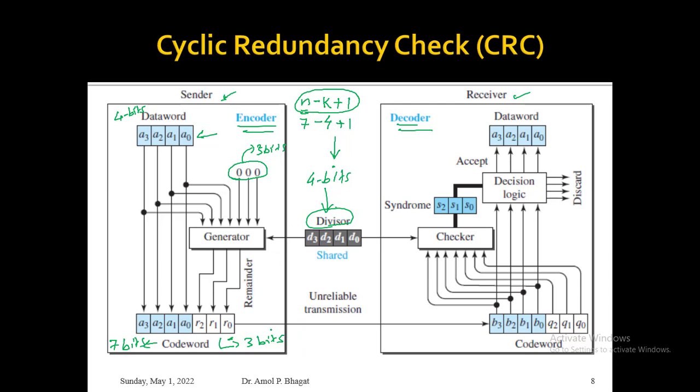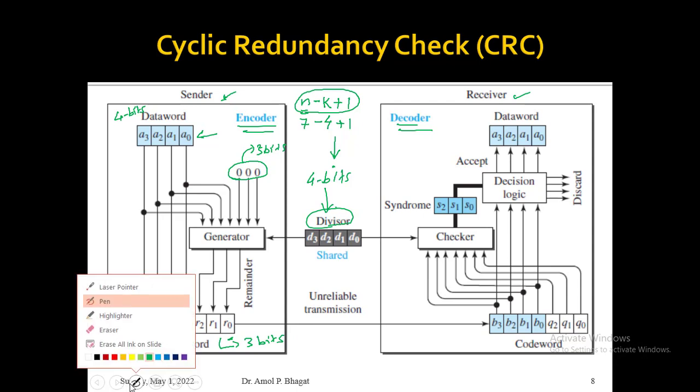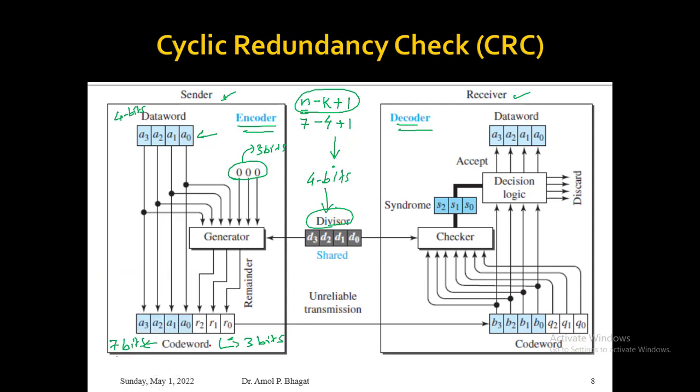Just for example, if I want a code word of 8 bits, as you can observe that the total number of bits in the data word is 4, the equation for calculating the number of bits in the divisor is again the same, n minus k plus 1, where the value of k is 4.